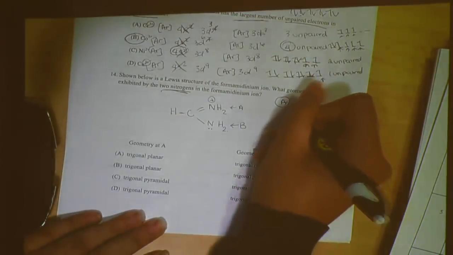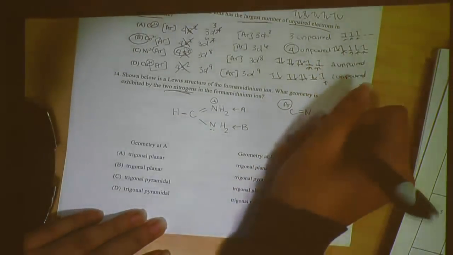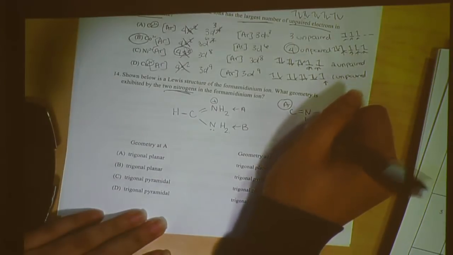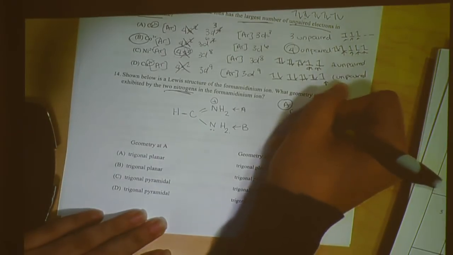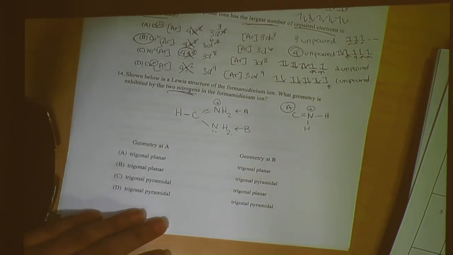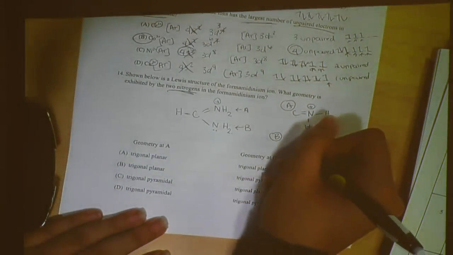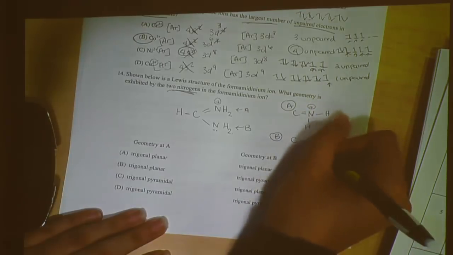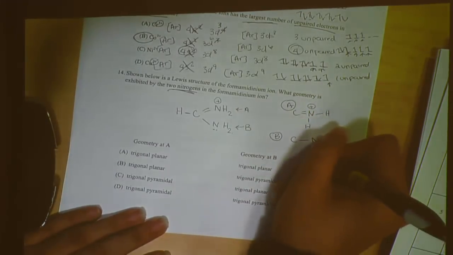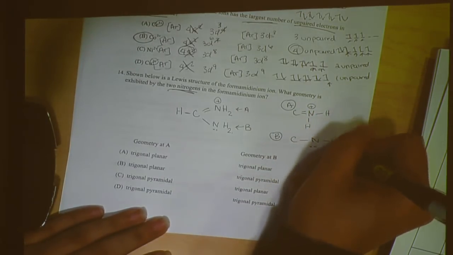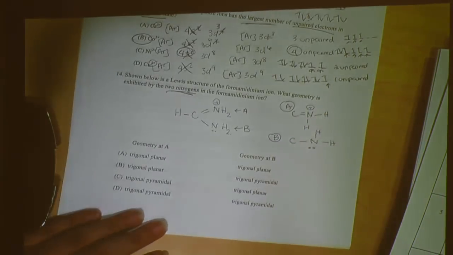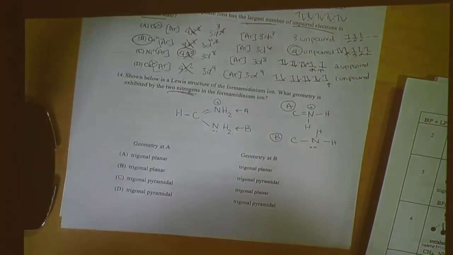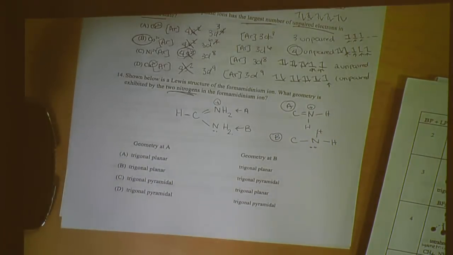There's a double bond on one side to the C. Then there's a bond to the H and another bond to the H, and it's positively charged. The second one looks like this. It's single bonded to a C. There's 2 lone pairs. There's a hydrogen and another hydrogen. Okay.